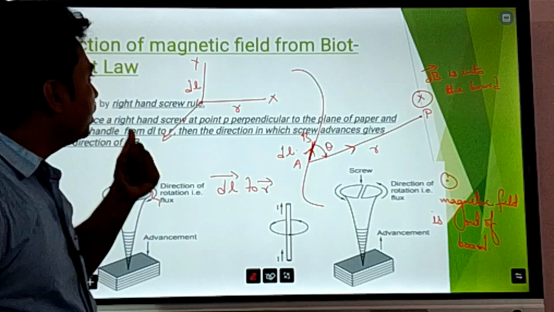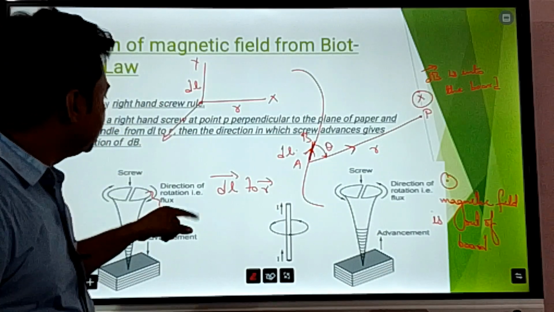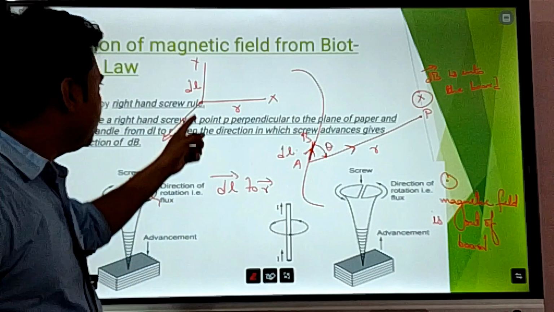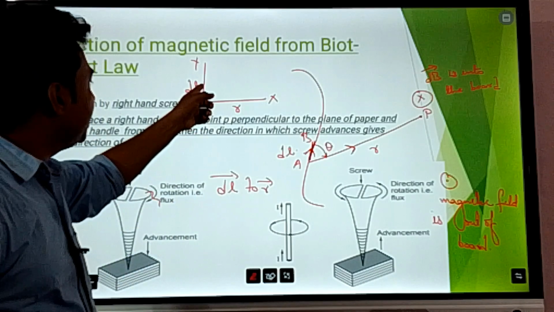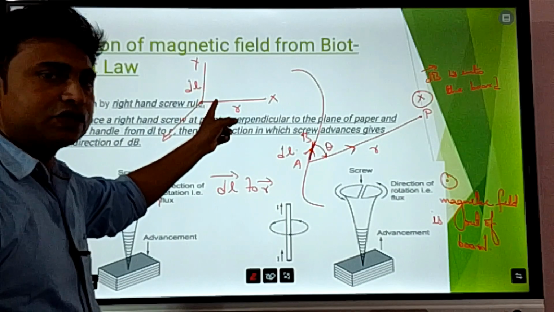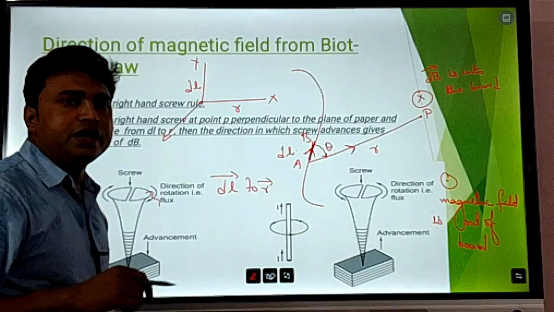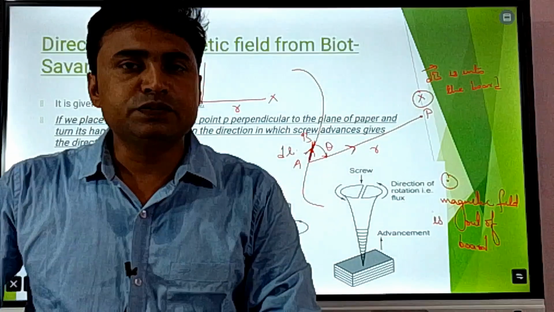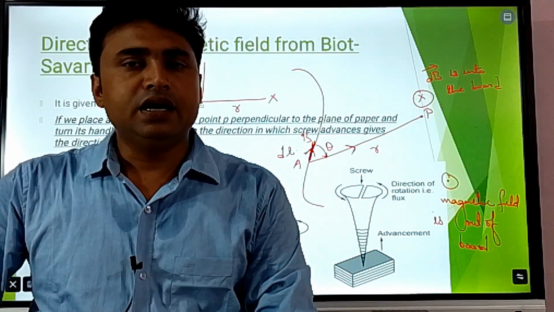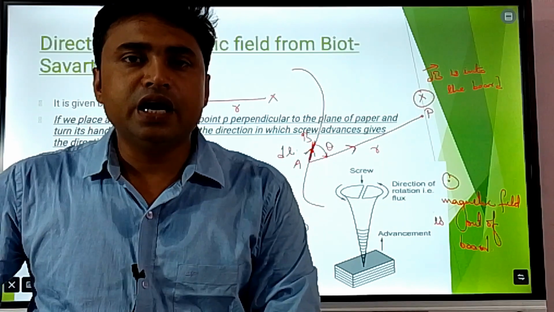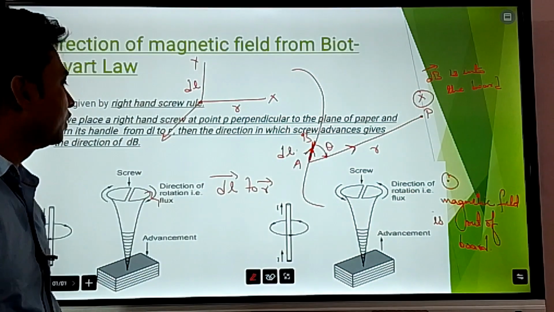It depends upon the direction in which the current is flowing in dL. So we find that the direction of the magnetic field is always perpendicular to dL and r, and it is found with the help of the right hand screw rule.